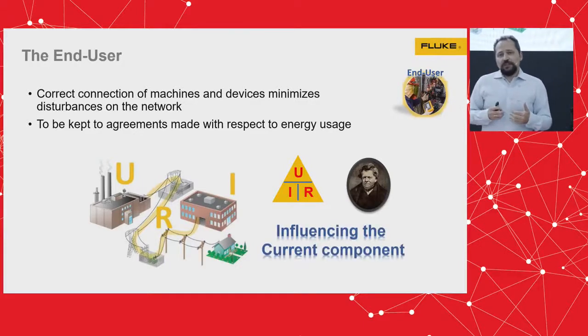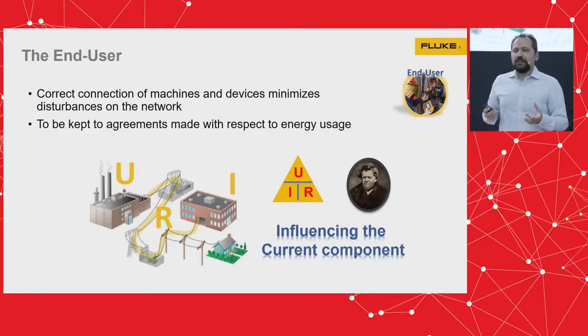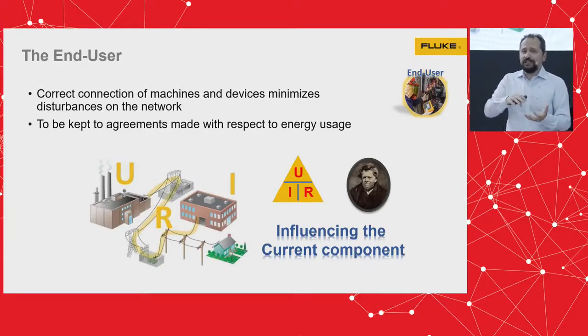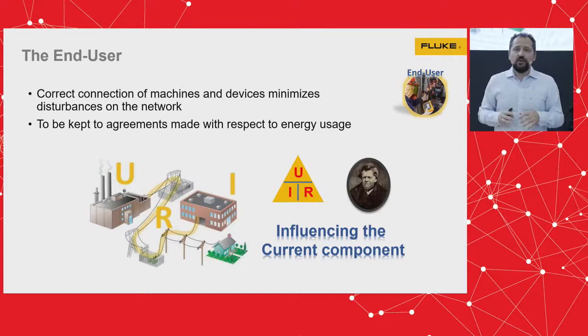And it's not only the amount of current that is being drawn by the end user, but also the number of equipment items that are being connected to the system, which play with each other, creating their own kind of subsystem. And that can interact with the electrical distribution system, creating some issues that may potentially be translated to other users, or even translating to some of the issues that we will be checking right now.